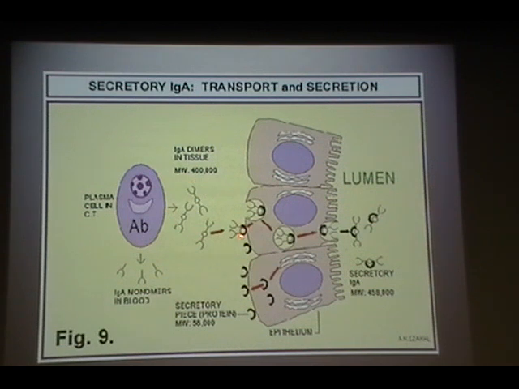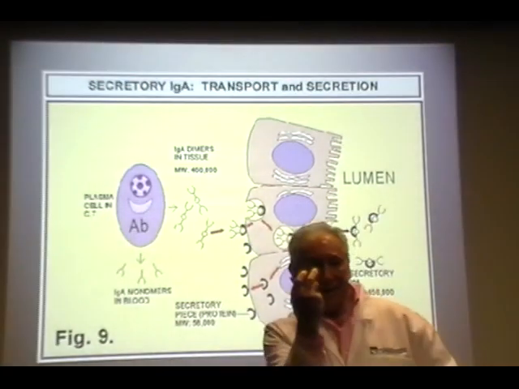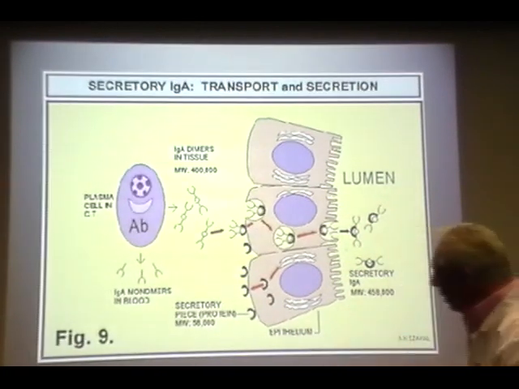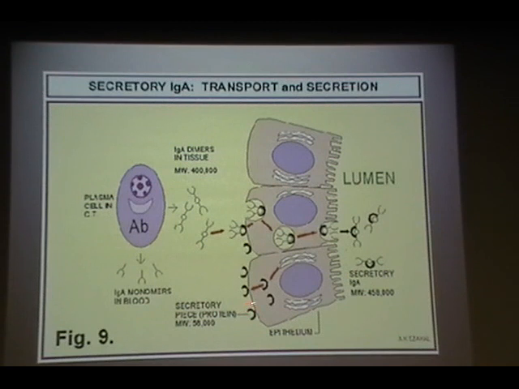What they do is they bind to receptors on the basal surface of the epithelium of the acini in the gland. Once they bind to this, it's taken in vacuoles, and the receptor here intercalates with this particular molecule, the dimer, and that becomes the secretory component.